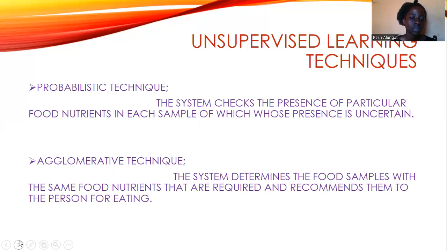This system is supposed to be able to determine the food samples with the same food nutrients that are required. So it will go on comparing given food samples having similarities, and therefore it will be able to give you a list of recommendations, a list giving you food samples that are suitable for your body.